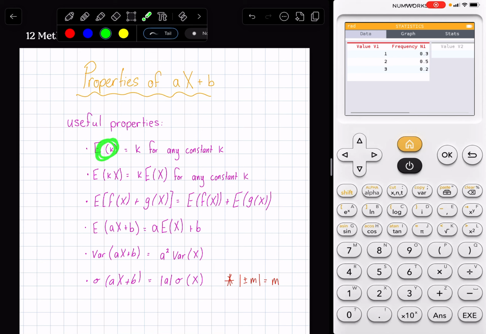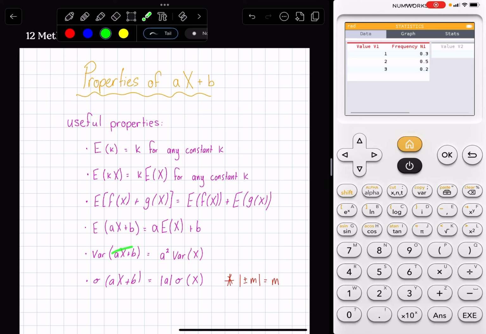Now the expected value of k equals k for any constant. The expected value of k times my random variable x is k times the expected value of x. If I have the expected value of two functions with respect to my random variable, then I can split them up individually. The expected value of ax plus b equals a times the expected value of x, plus the b on the end.